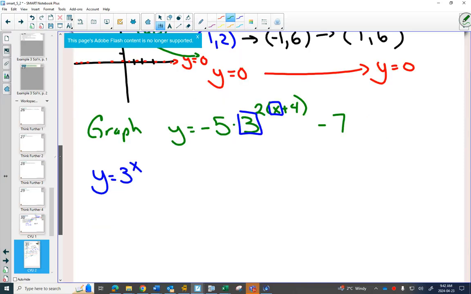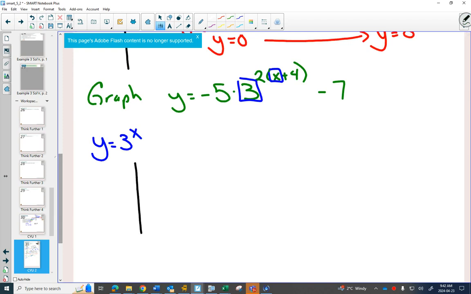And so, quickly off to the side, I draw 3 to the x. It has (0, 1) and (1, 3). It has an asymptote at y equals 0 and is an increasing exponential function.